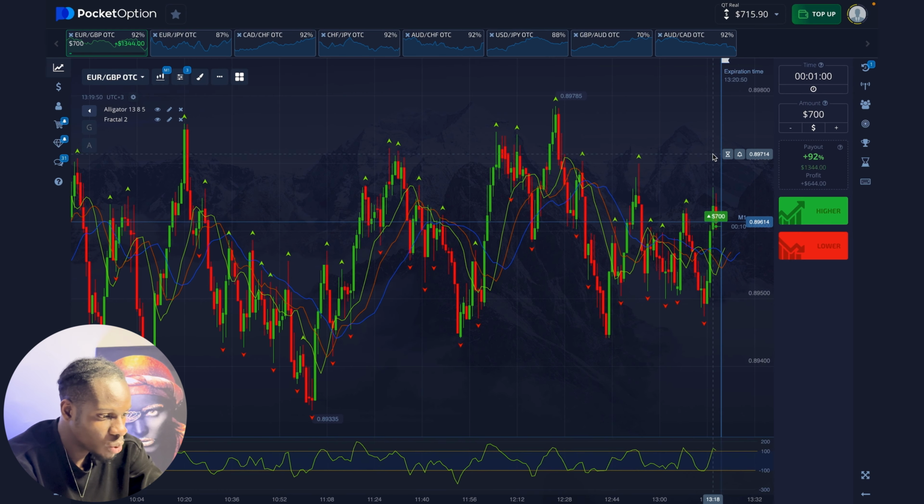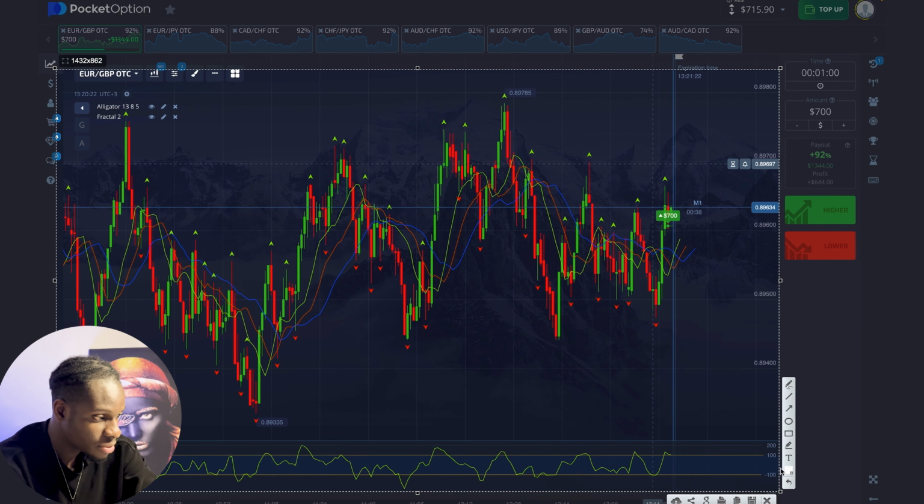Okay, so for this one, I opened a long trade, and actually there's no obvious trend. As you can see, the market is kind of flat, and so I'm focusing entirely on the alligator. There are multiple touch points in this area, as you can see. We can also see that the breakout is accurate and it's forming a local minimum several levels higher.